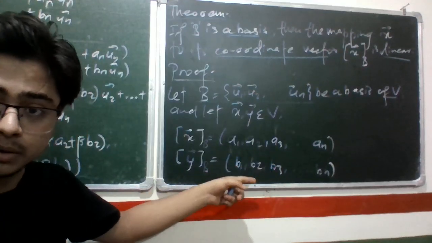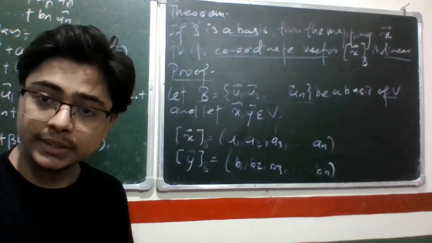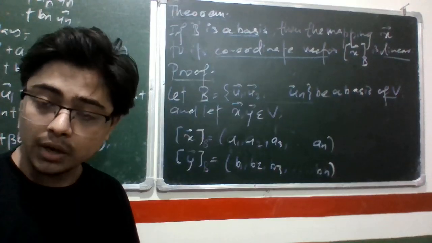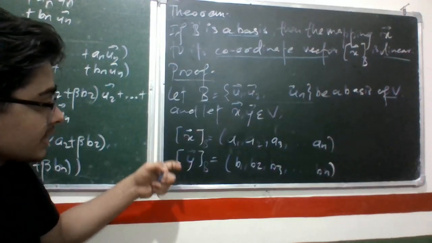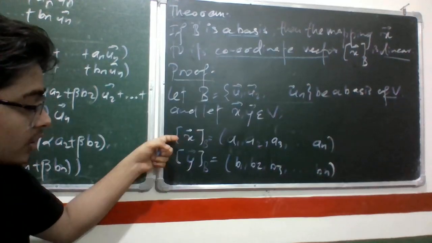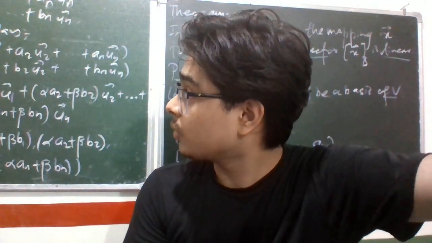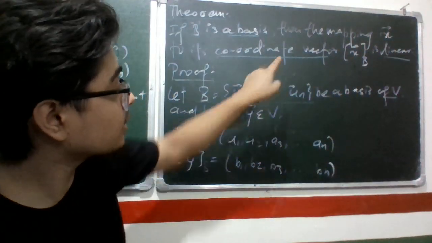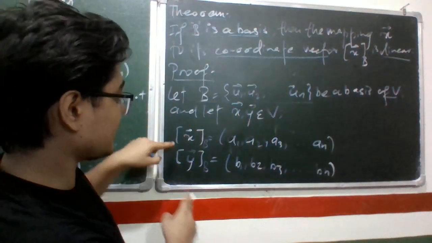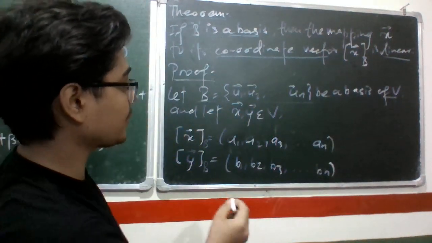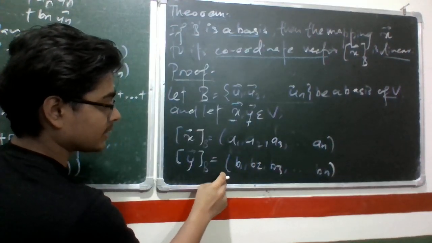It's just the definition of the coordinate vector, which says that the coordinate vector represents the tuple of constant coefficients, right? So these are the constant coefficients, and these are the coordinate vectors of x and y. Now we have to show that the mapping of x to its coordinate vector is linear.